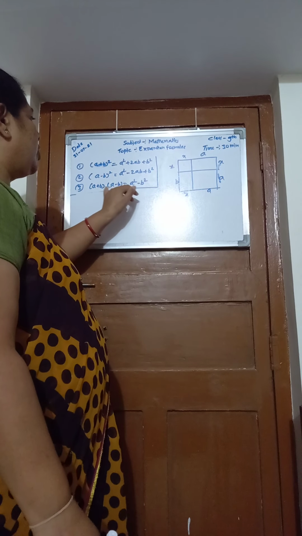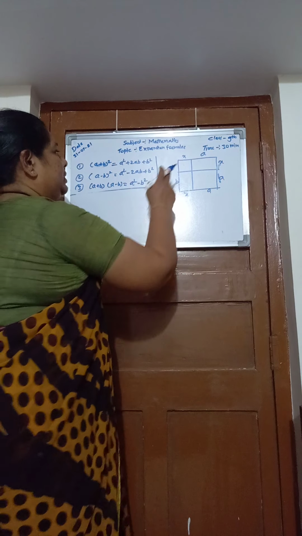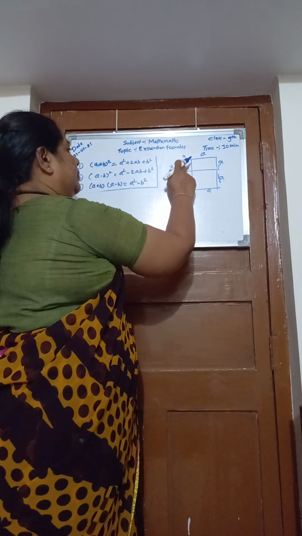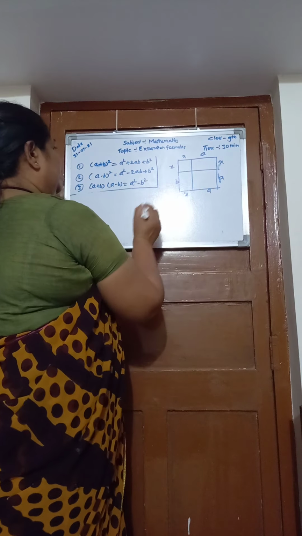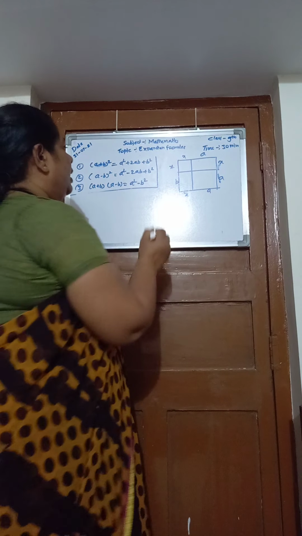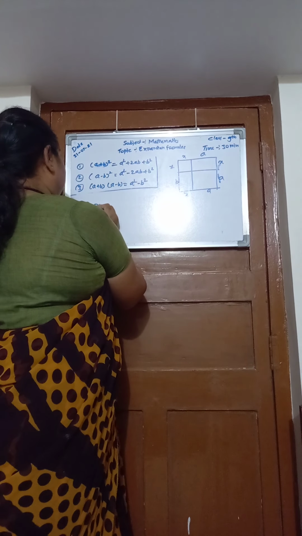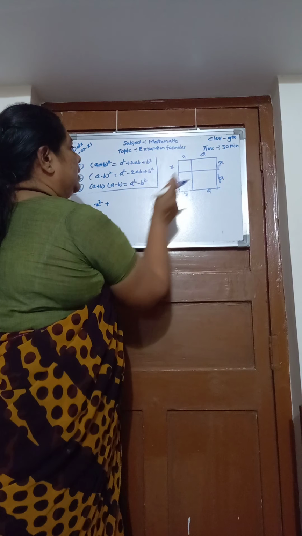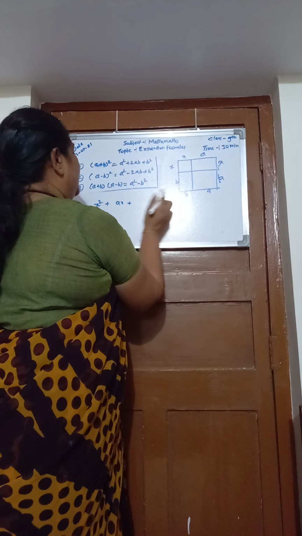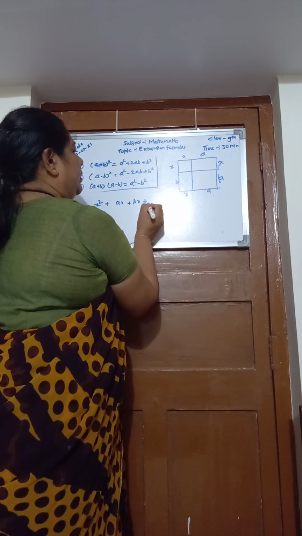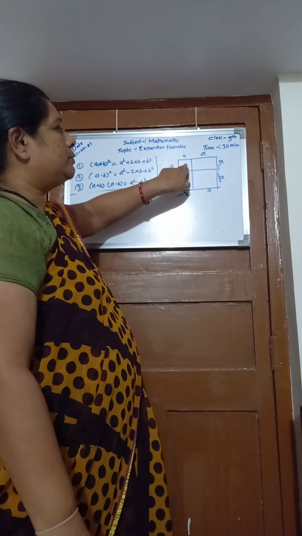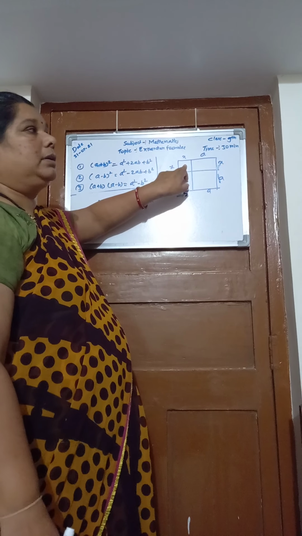We can prove this formula. First we have to find the area of this square. The area of this square is x square plus ax plus bx plus ab. The area of this part is x square.